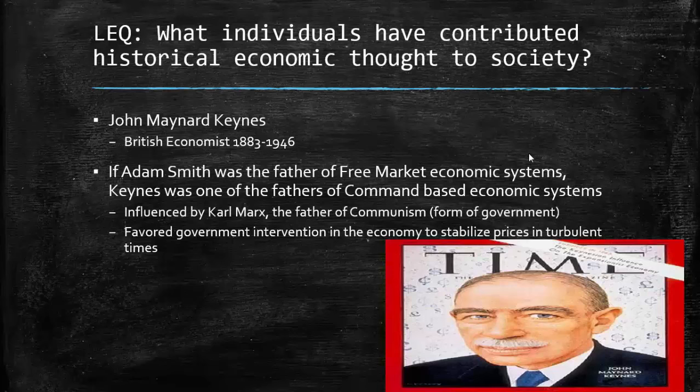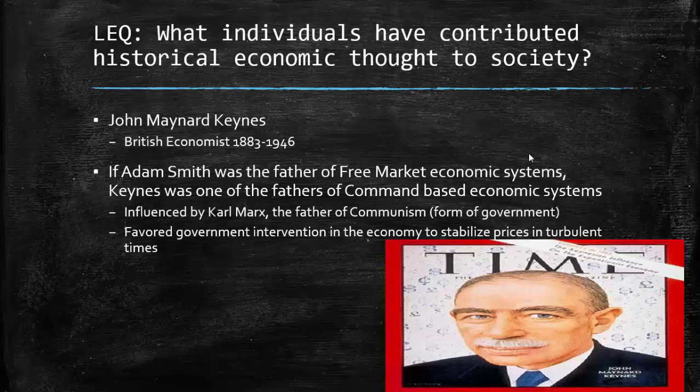John Maynard Keynes said, hold up, I disagree. He favors government intervention in the economy to stabilize prices. Because you guys know, oh crap, gas is $4 this week, it's $2. Why is this stuff getting so expensive? Oh, things are on sale. Why do things go up and down and up and down? Well, he favors government intervention to help stabilize prices.